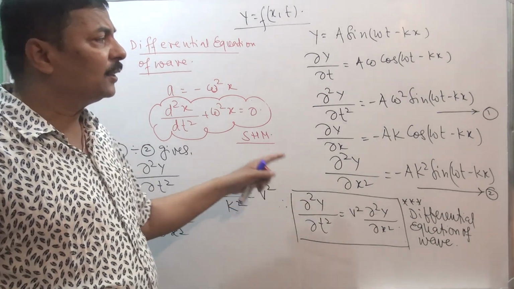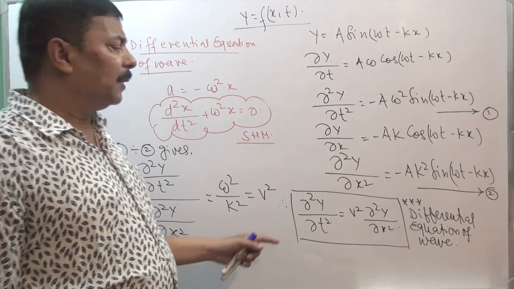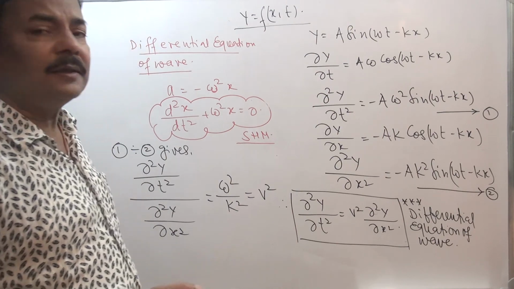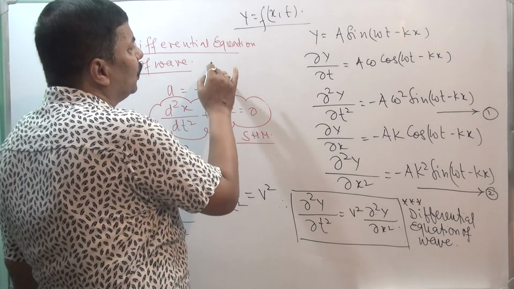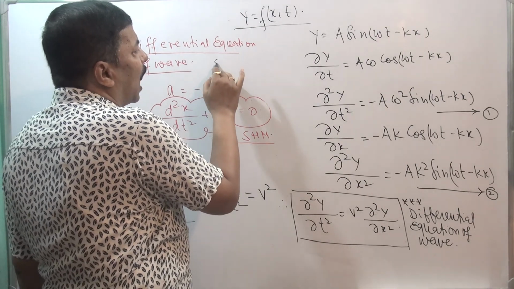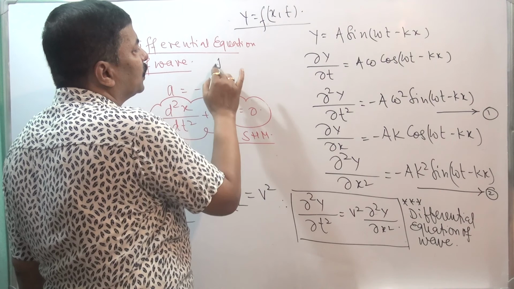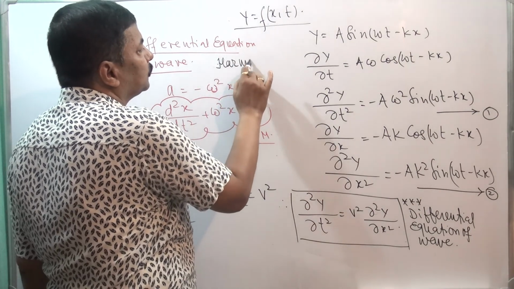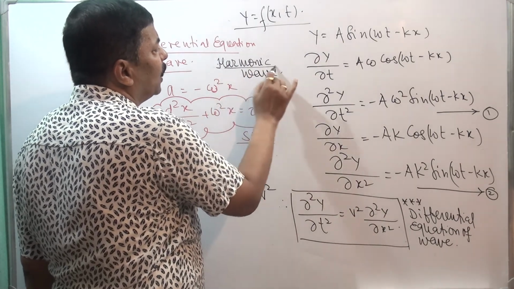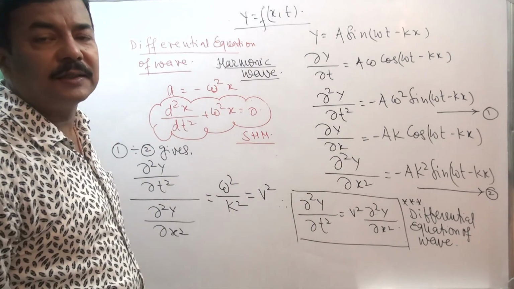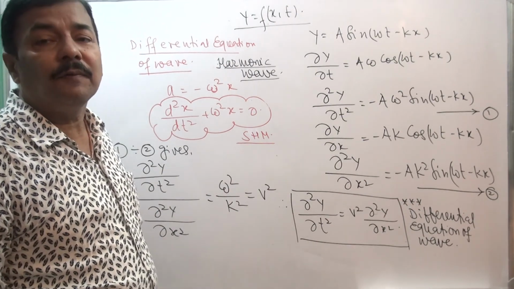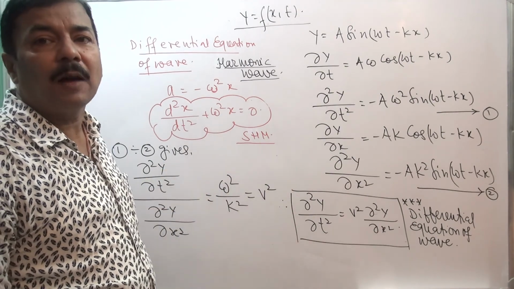You should understand this very carefully. In our syllabus, mainly we discuss the plane progressive simple harmonic wave, where sine and cosine functions appear. But is it essential that the source particle is always doing simple harmonic motion?